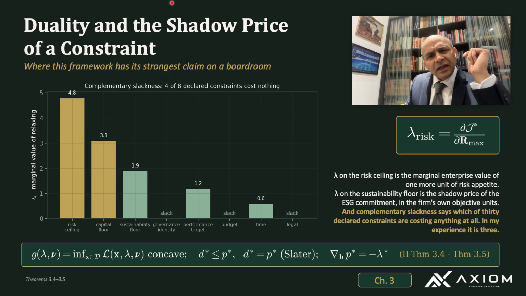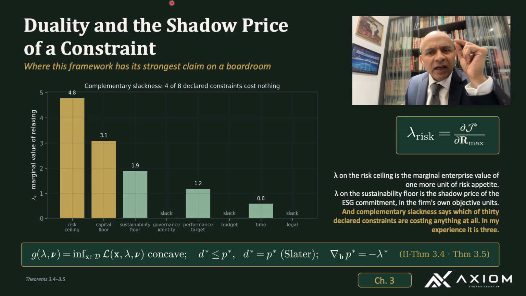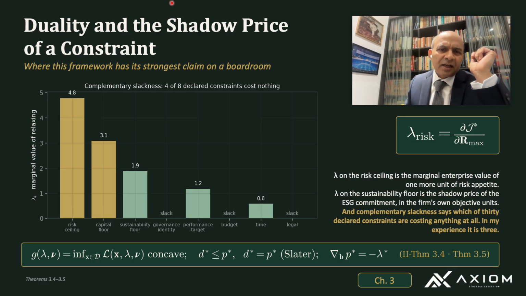At the optimum, the KKT conditions give multipliers on the inequality blocks, and those blocks are not arbitrary. They are from volume 1: the capital floors, the performance targets, the risk ceilings, the sustainability floors. So the multiplier on the risk ceiling is the marginal enterprise value of one additional unit of risk appetite.